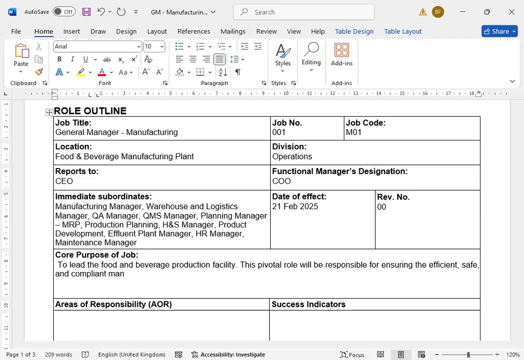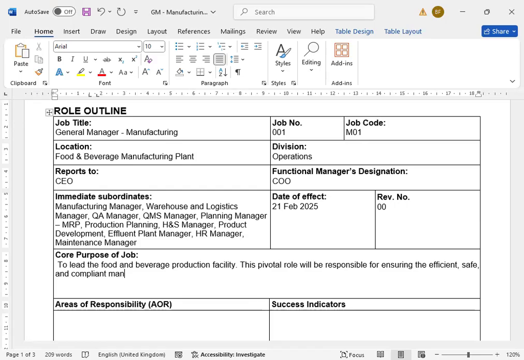SQF, Safe Quality Food, things like that. It could be in compliance with the USDA standard, things like that. So it should always be compliant to regulation.